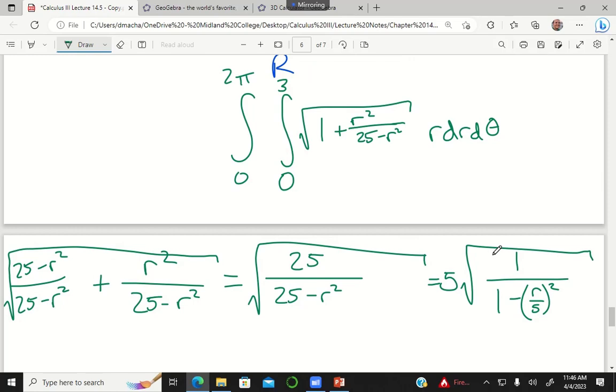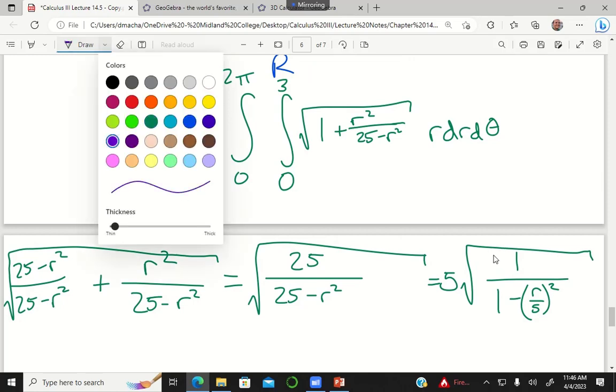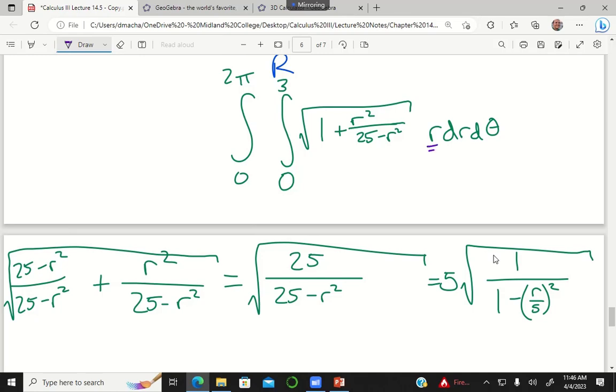But I think we're going to use a u sub, because I have this little r hanging out here, and so that's perfect. I think that's going to turn out nicely whenever I take the derivative of my u sub. But what should be the u in this substitution? I'm going to just try this, and if it doesn't work, we can try something else.